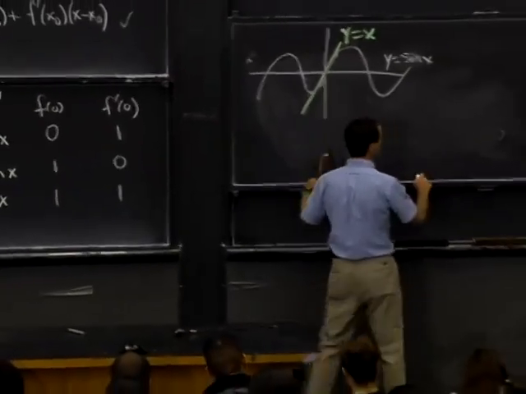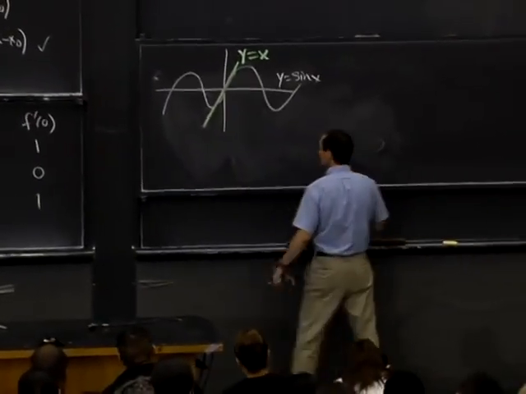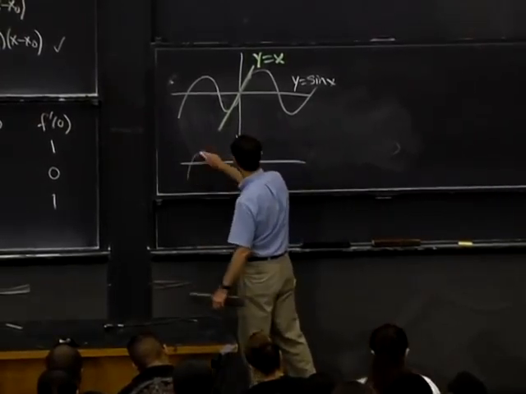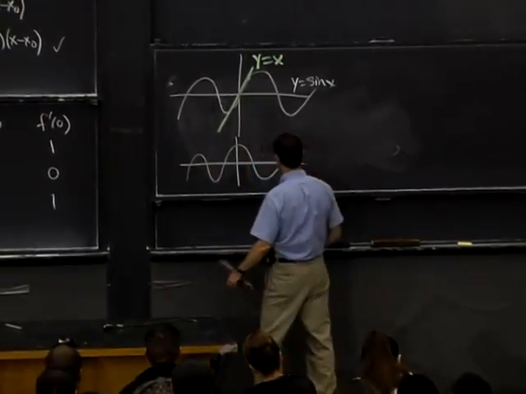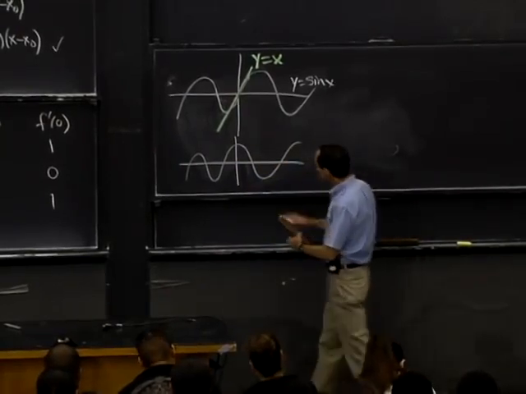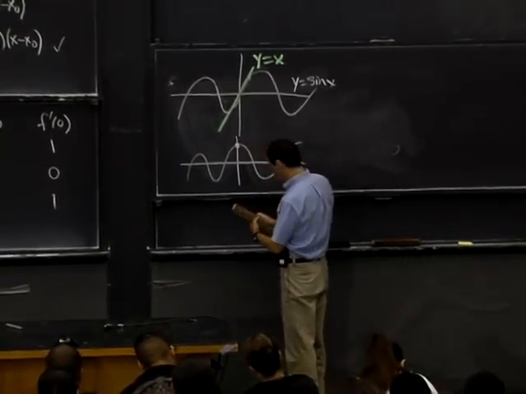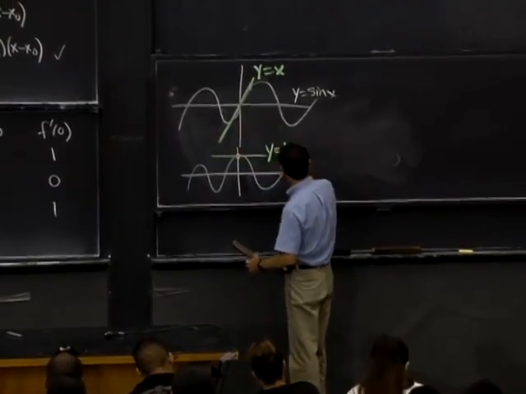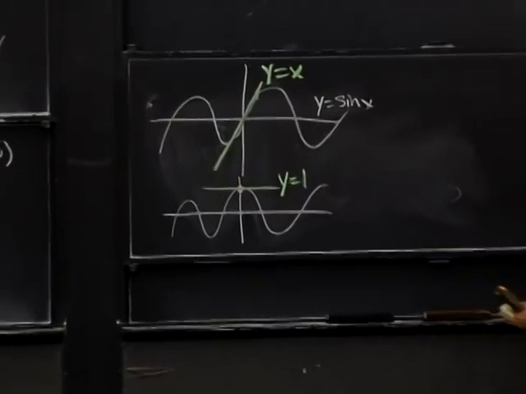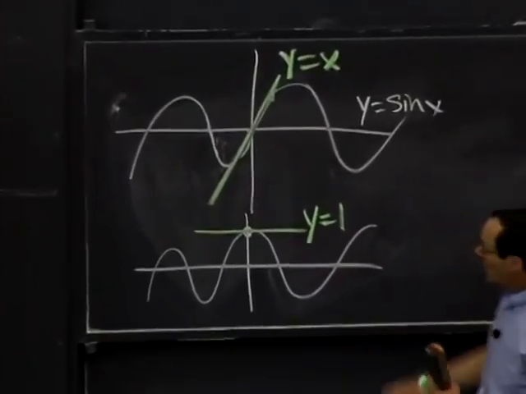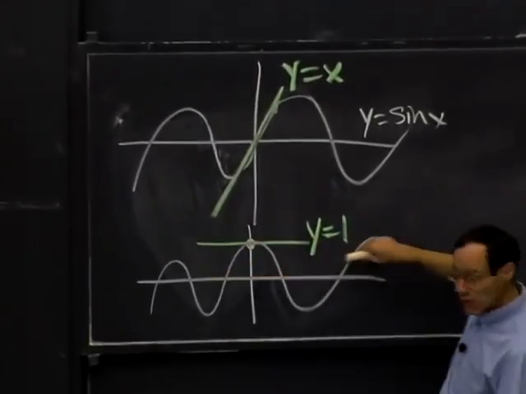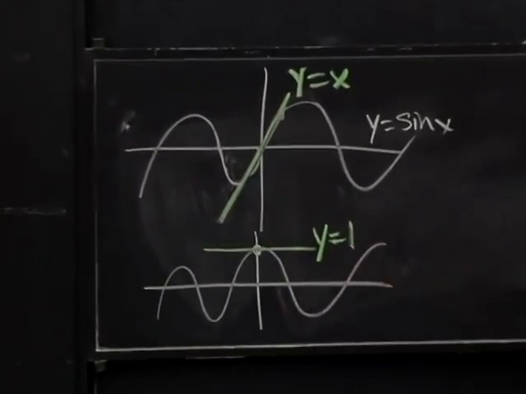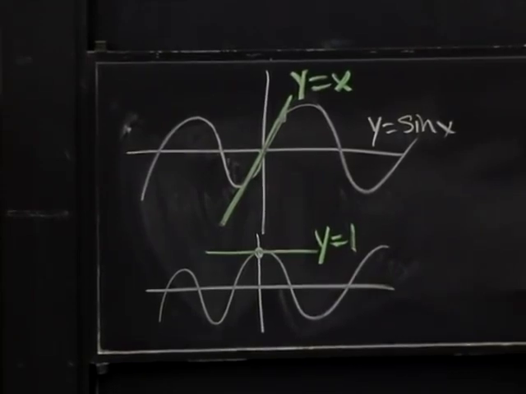The cosine function, I'll put that underneath, I guess. Make it a little smaller here. So for the cosine function, we're up here. It's y equals 1. Well, no wonder the tangent line is constant. It's horizontal, so the function corresponding is constant.